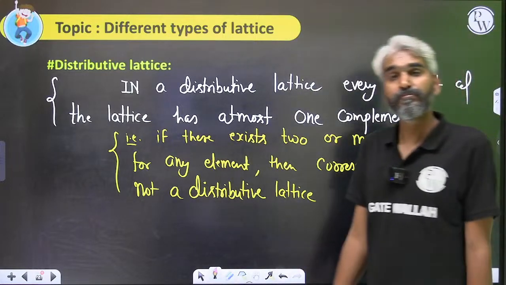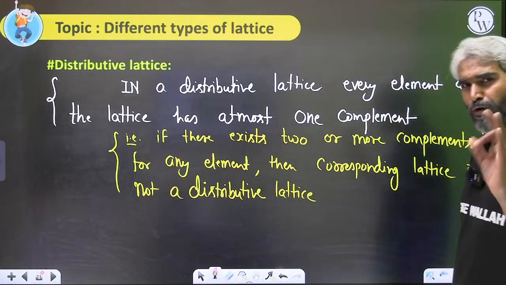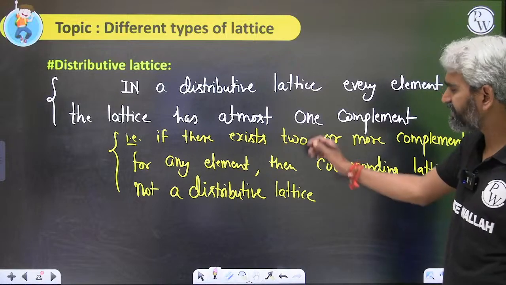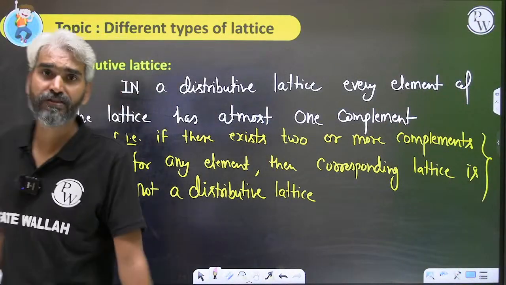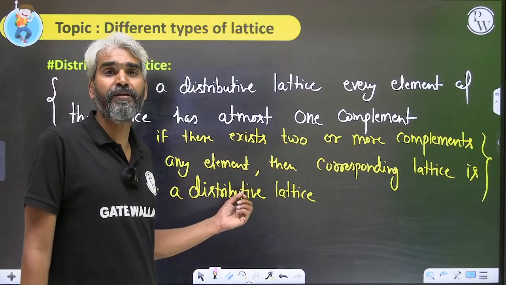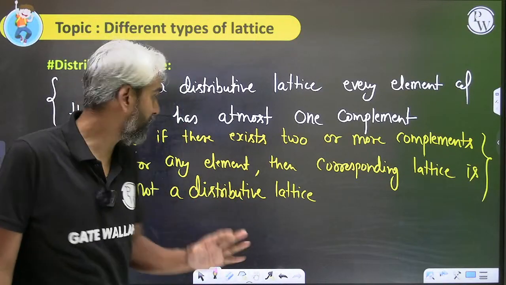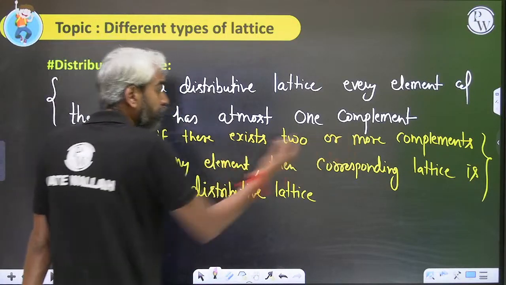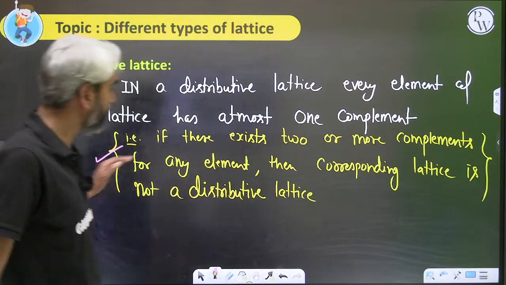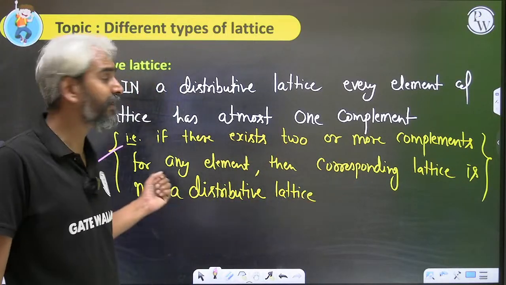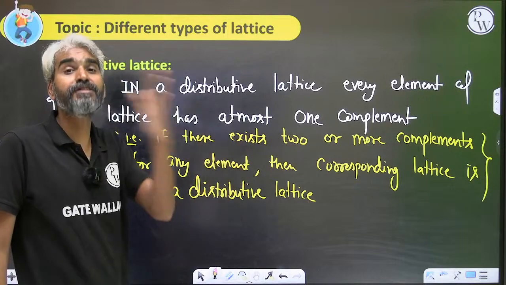If there is any element for which there are two or more complements, then it will never be distributive. That is fine, that's what I read. If there exists two or more complements for any element, then the corresponding lattice is not a distributive lattice.